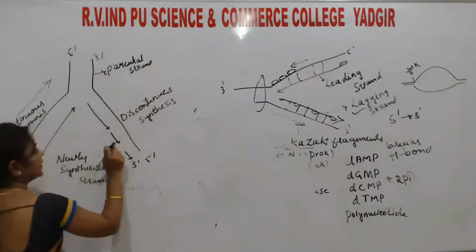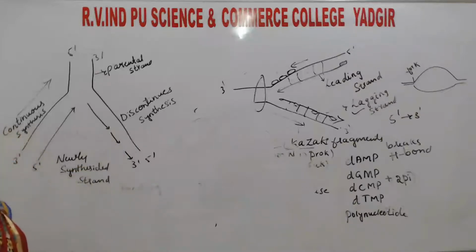One will be parental, another one will be what? Newly synthesized DNA. Okay. So what we have completed here, the 8 different steps of replication. RNA world we have completed. Okay, packaging also we have completed, and also this one.